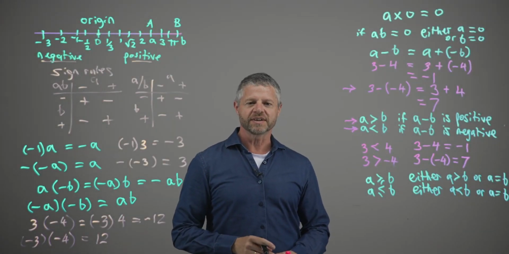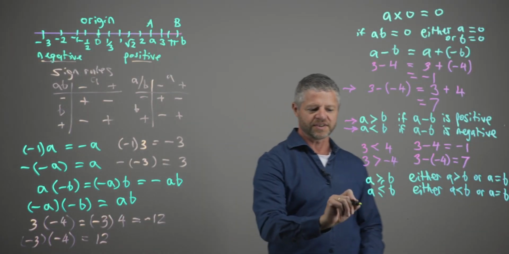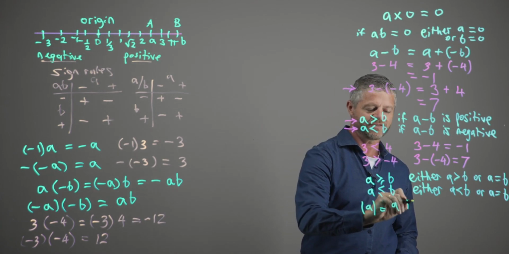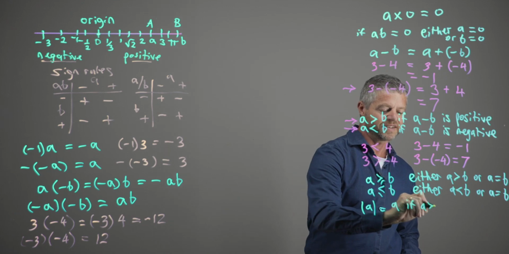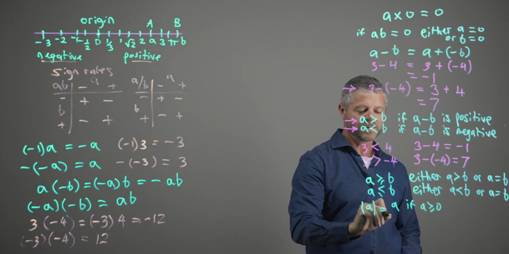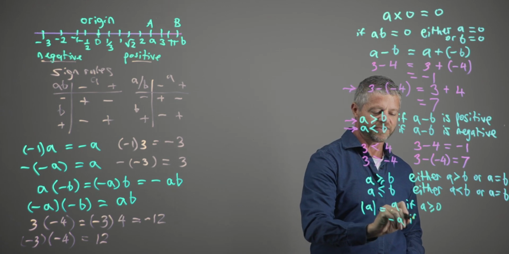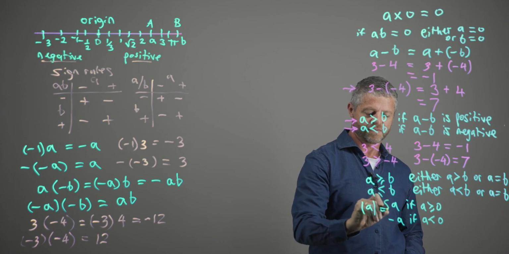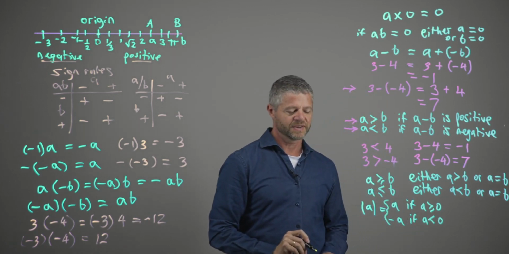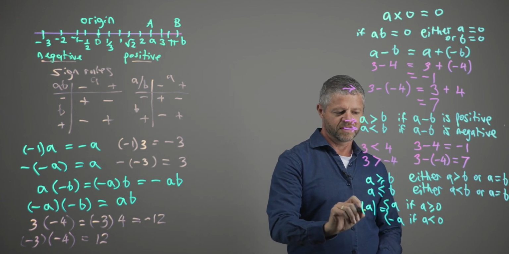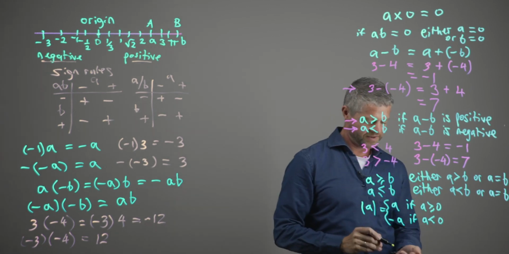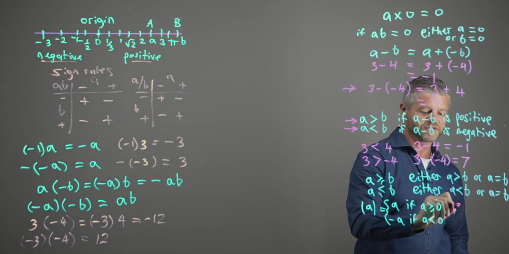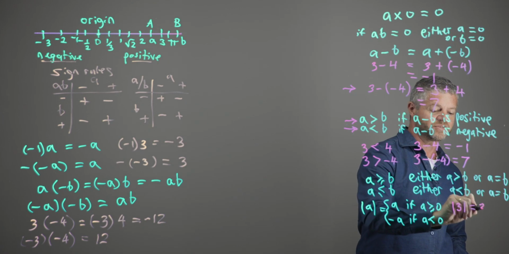Finally, for this video, absolute values. So the absolute value of a number a is defined as a if a is greater than or equal to 0, or minus a if a is less than 0. So, for example, the absolute value of 3 is 3.